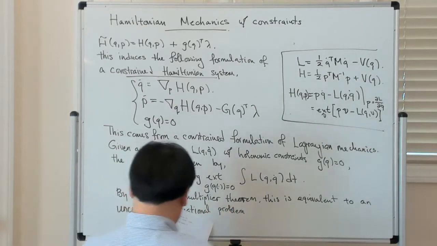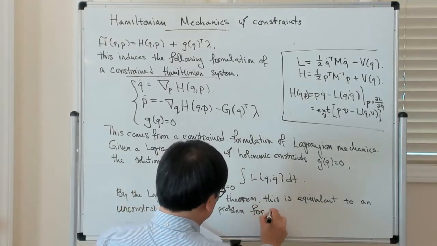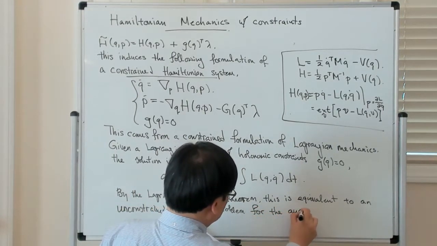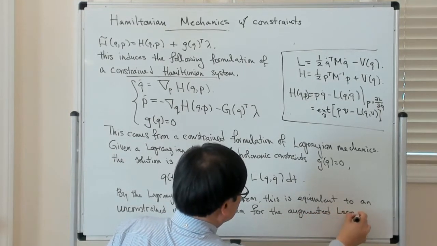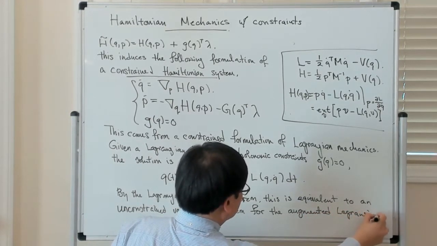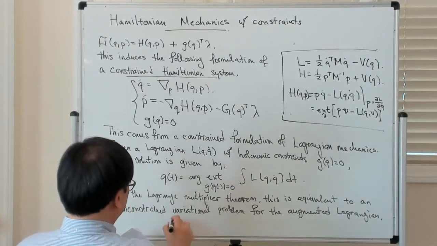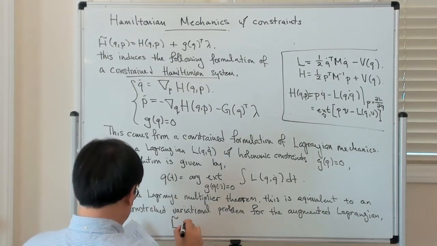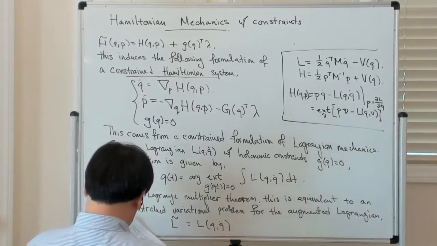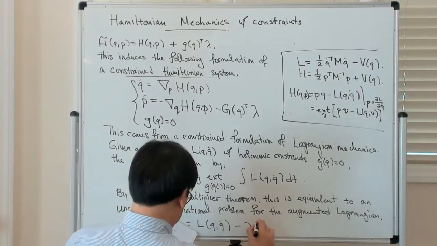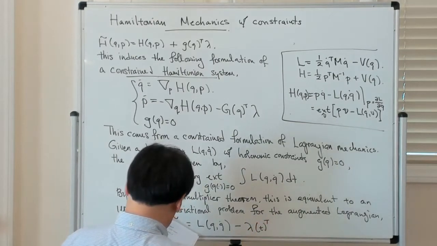for the augmented Lagrangian, where the augmented Lagrangian L tilde is equal to L of q, q dot, the usual thing, minus a multiplier which is time dependent.